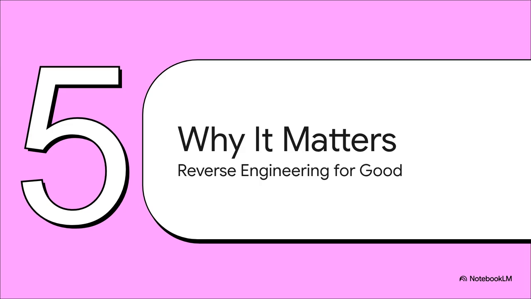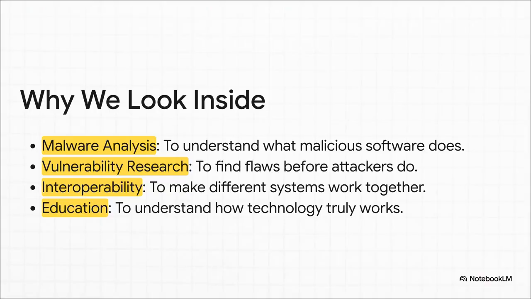Now, all of this might just seem like it's about hacking and breaking stuff, but understanding these really low-level details is absolutely crucial if you want to build secure and reliable software. This is exactly why we look inside. It lets security pros dissect malware to see what it does. It helps developers find these dangerous bugs before the bad guys do.